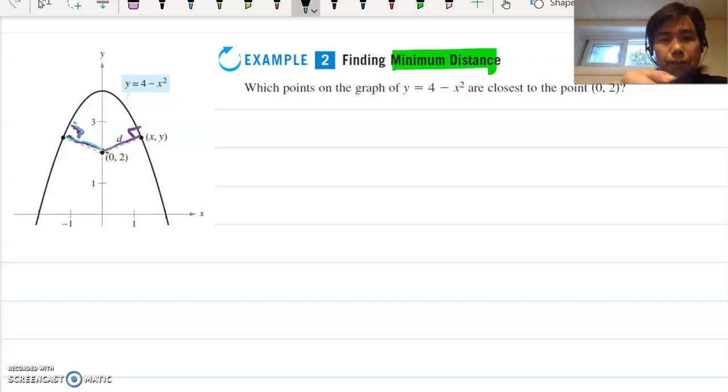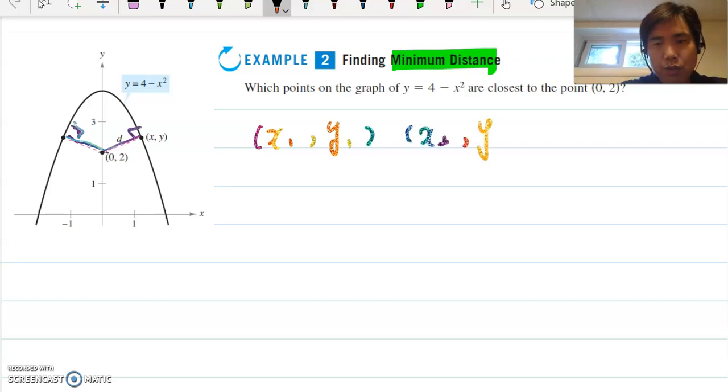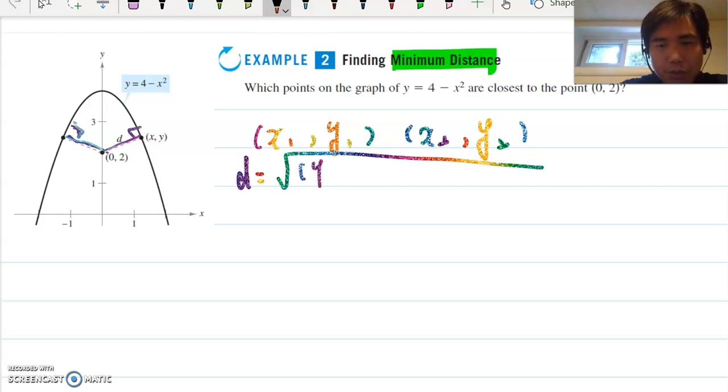Okay. So whenever we have 2 points, x1, y1, and x2, y2, how do we generate the distance formula? Distance equals square root of y2 minus y1 squared plus x2 minus x1 squared.